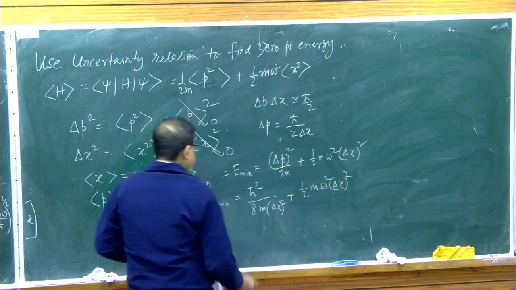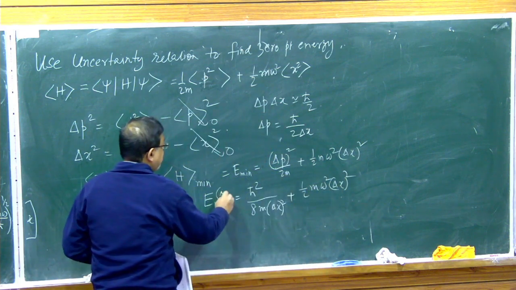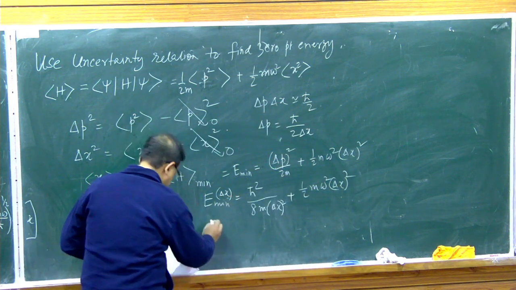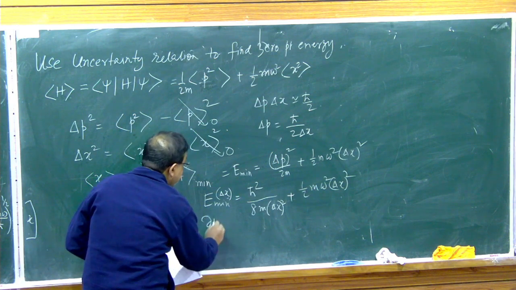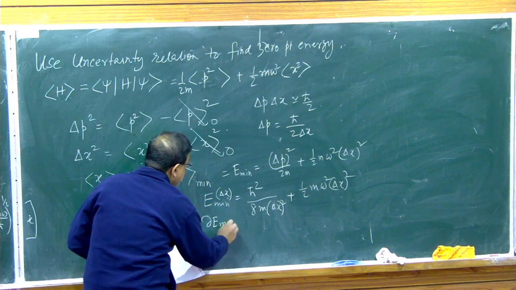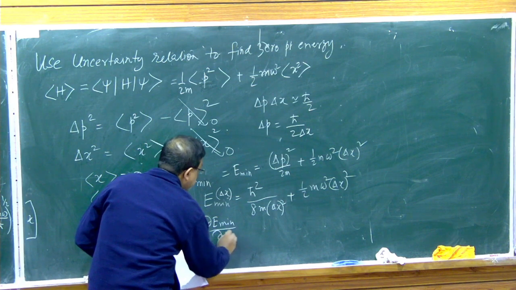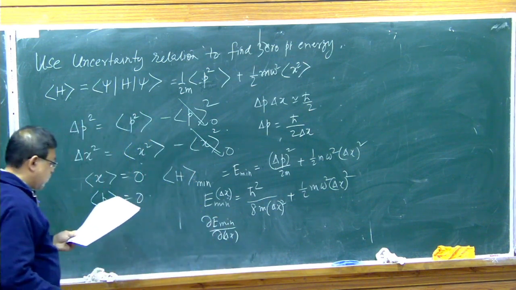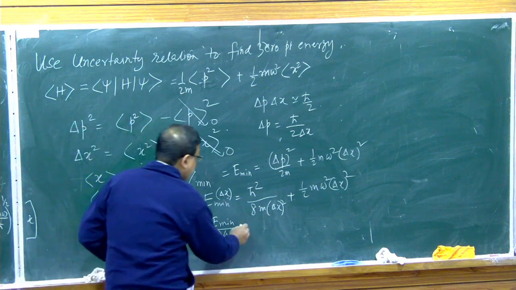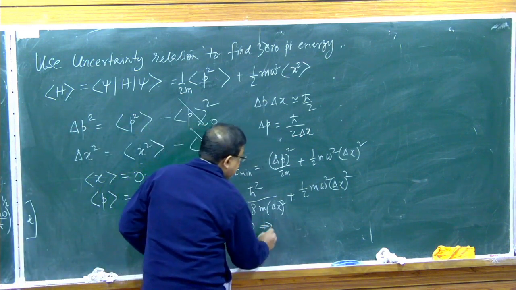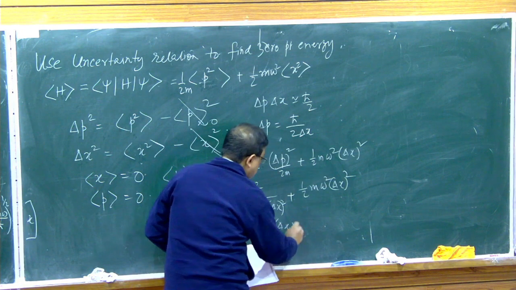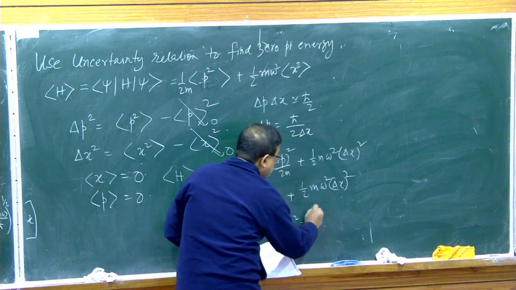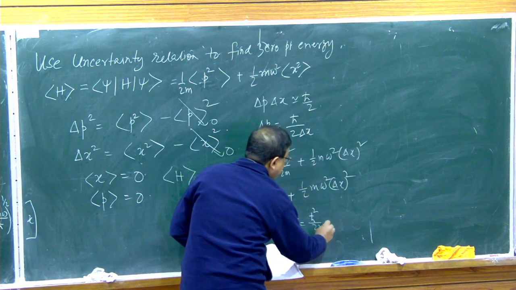And so this E min is a function of delta x, and if you take the derivative of E min with respect to delta x to be equal to 0, then you get delta x square is equal to h cross by 2 m omega.